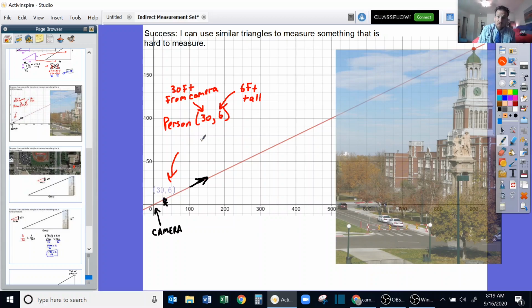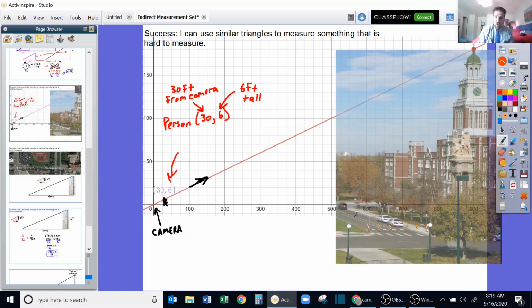And let's say this person is 6 feet tall, and I measure, because this is a short distance, that I'm standing 30 feet away from where my camera is. But I've got my camera pointing up, and when I look through my camera, I'm lining up the top of my head with the top of the tower, the top of East High School, okay?